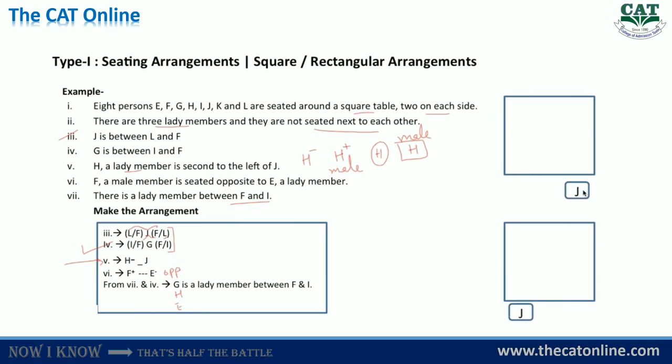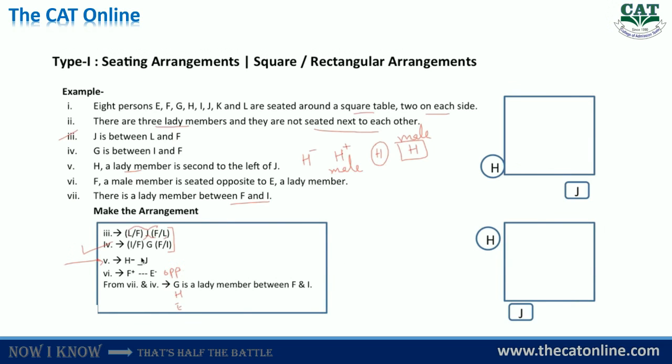J could be at this edge or at this edge. So from the start itself, I have to make two possible cases through which this question could be solved. So I have H over here. Using this fifth information, H is two places to the left of J. So these are two possible options.